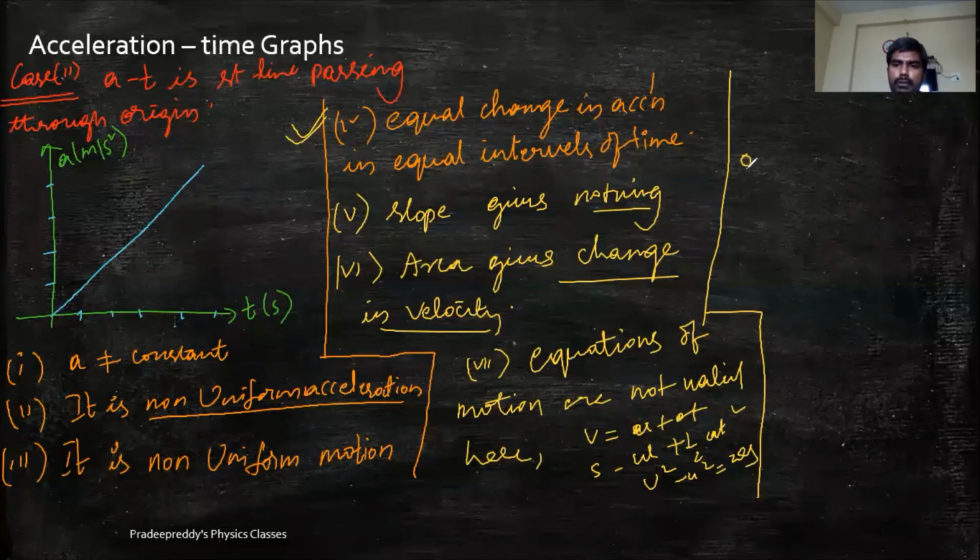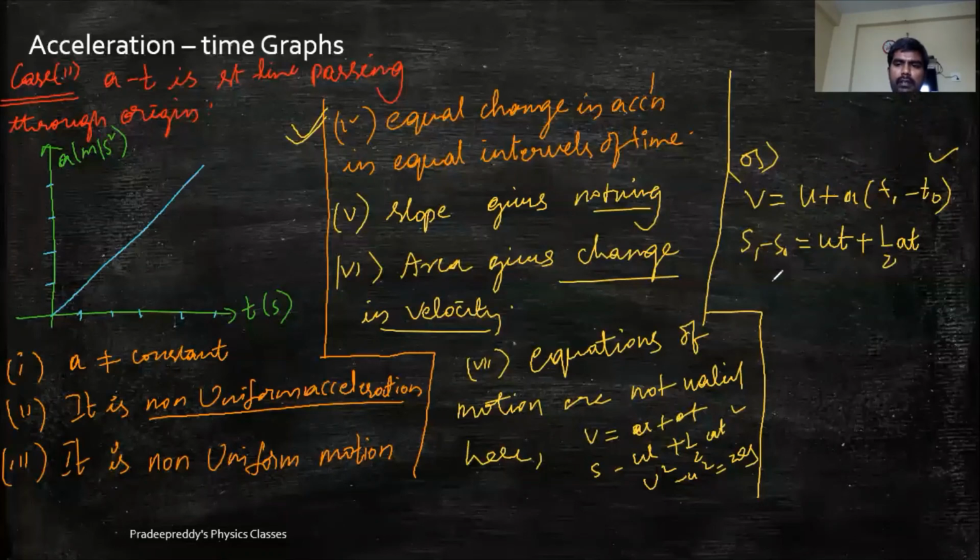V is equal to U plus A into (T1 minus T0). This is valid. And S1 minus S0 is equal to UT plus half AT square. This we have derived, right? V square minus U square is equal to 2 into A into (S2 minus S1).